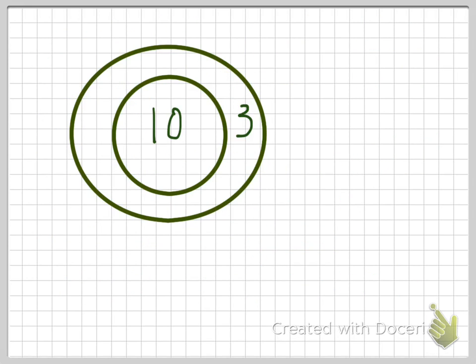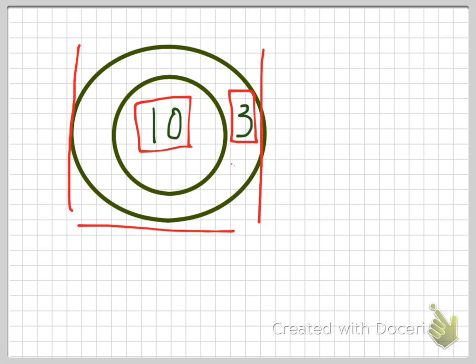So we have this fountain that is 10 feet in diameter, and then we have a walkway around this fountain that is 3 feet wide. And we need to find the area of just the walkway. So the first thing we probably need to do is determine the area of the total, because then once we find the area of the total, we can subtract the area of the interior and we will get the area of the walkway.